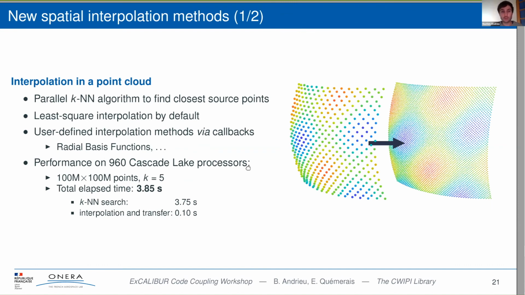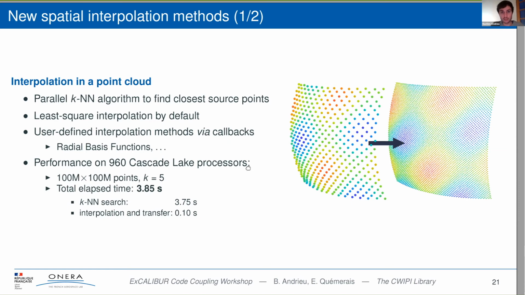We are also currently working on two new spatial interpolation methods. The first one allows interpolating in a point cloud using a k nearest neighbors algorithm to find, for each target point, the k nearest source points.